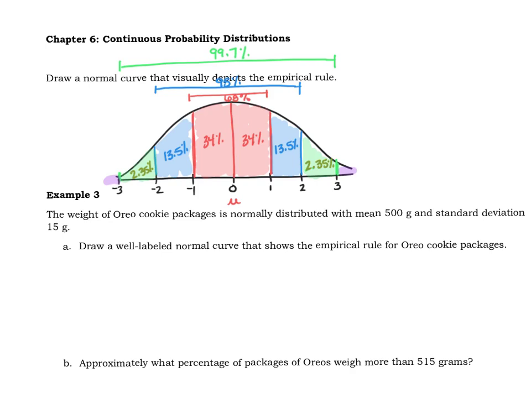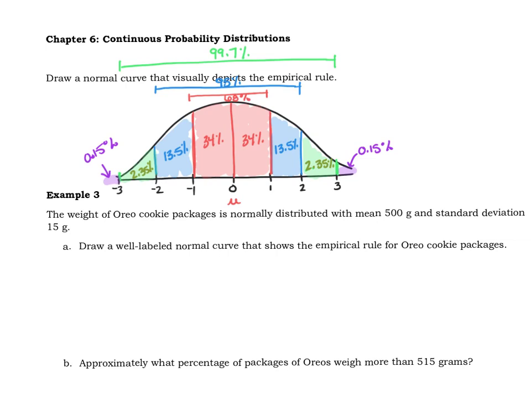We so far have only taken care of 99.7%. 99.7% taken away from 100% is 0.3% left over, which we then have to split up between the right and the left sides. Now if you add up all of those percentages under the curve, well, in my 2 I had to draw arrows for because they wouldn't fit, that will add up to 100% of the area under the curve.